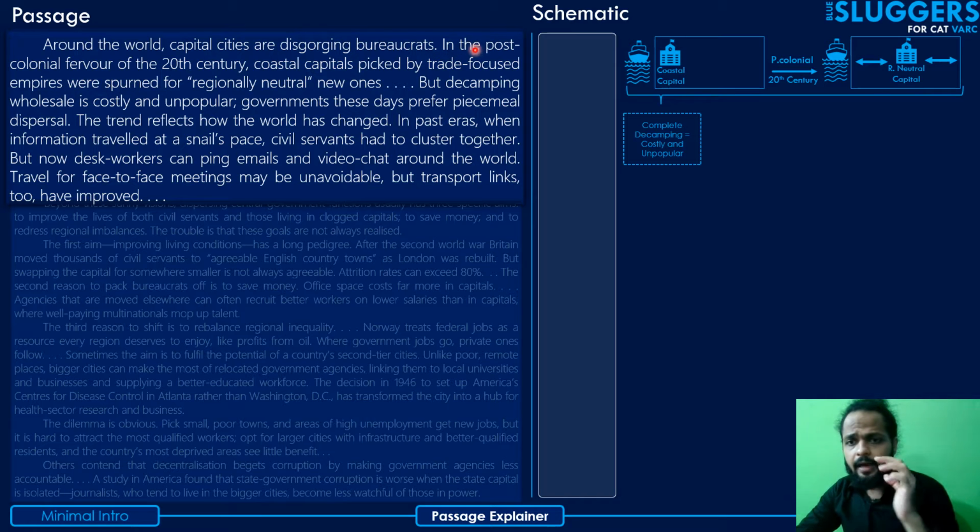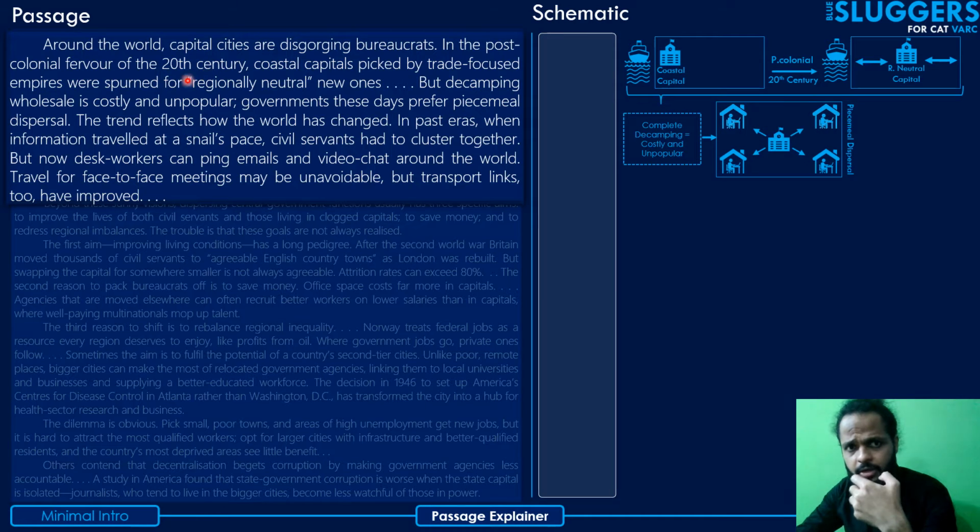These nations that had been ruled over now had this zest and eagerness and keenness to change things after they got independence. So in this process of changing things, in the post-colonial part of the 20th century, these nations got rid of these coastal capitals. They said, okay, now we are not going to have our capitals situated on the coast.